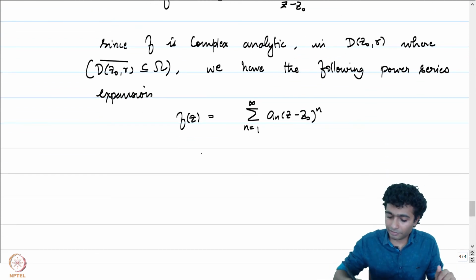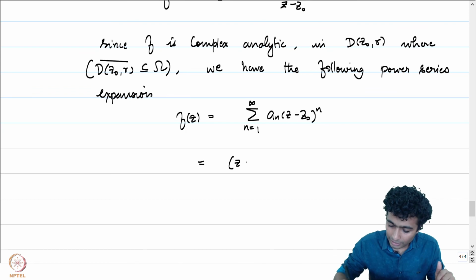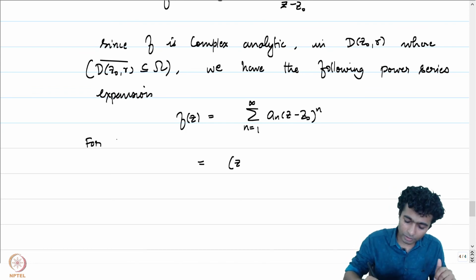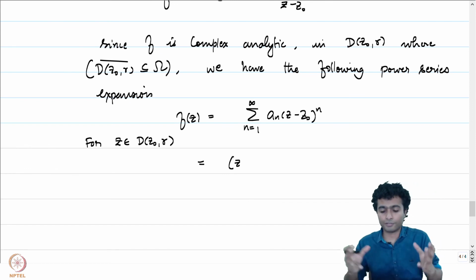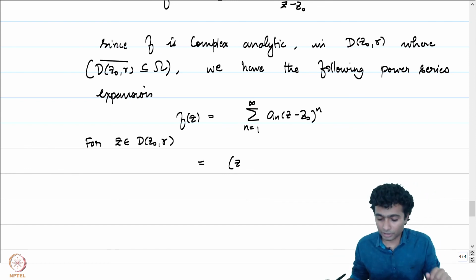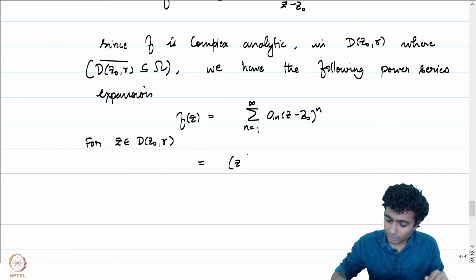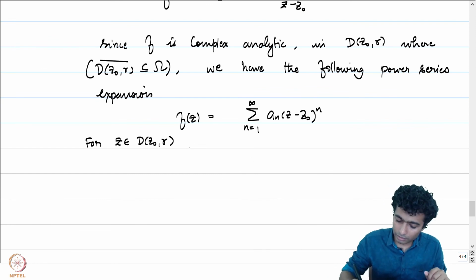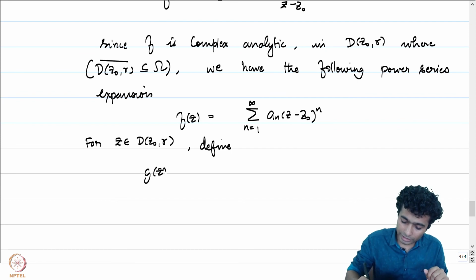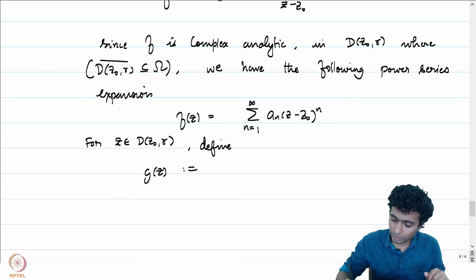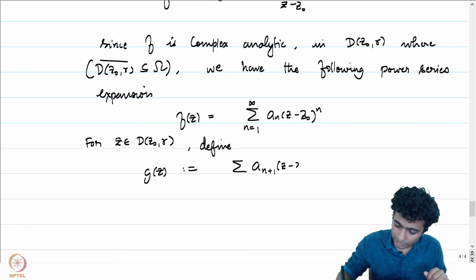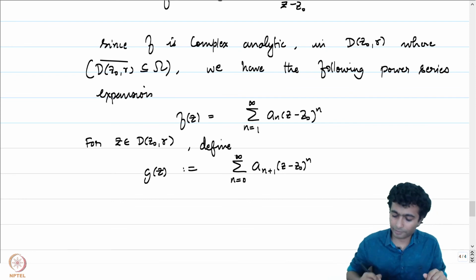So in particular, we will be able to write this as follows. For z in D(z0, R), in the disk of convergence of this power series, define g of z to be equal to the summation a n plus 1 z minus z0 to the power n, where n goes from 0 to infinity.